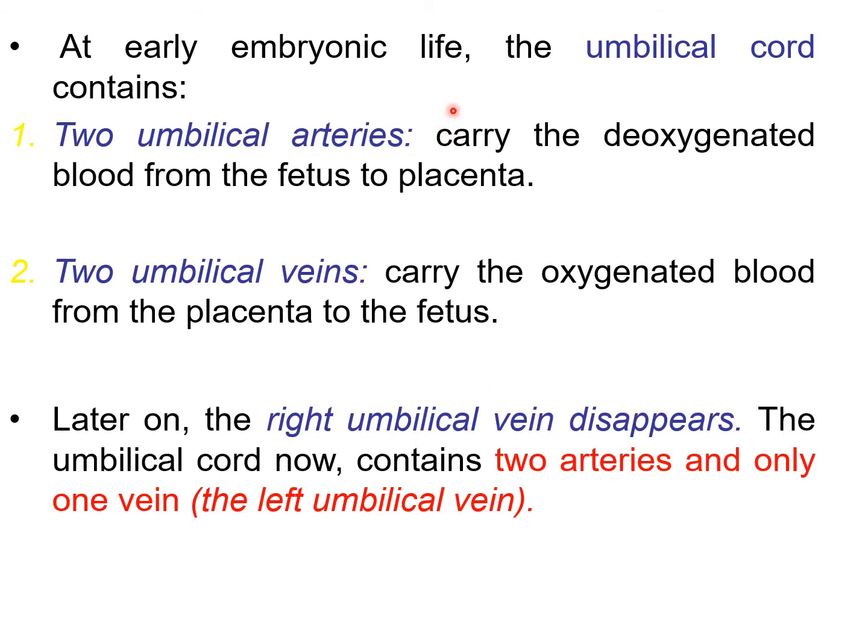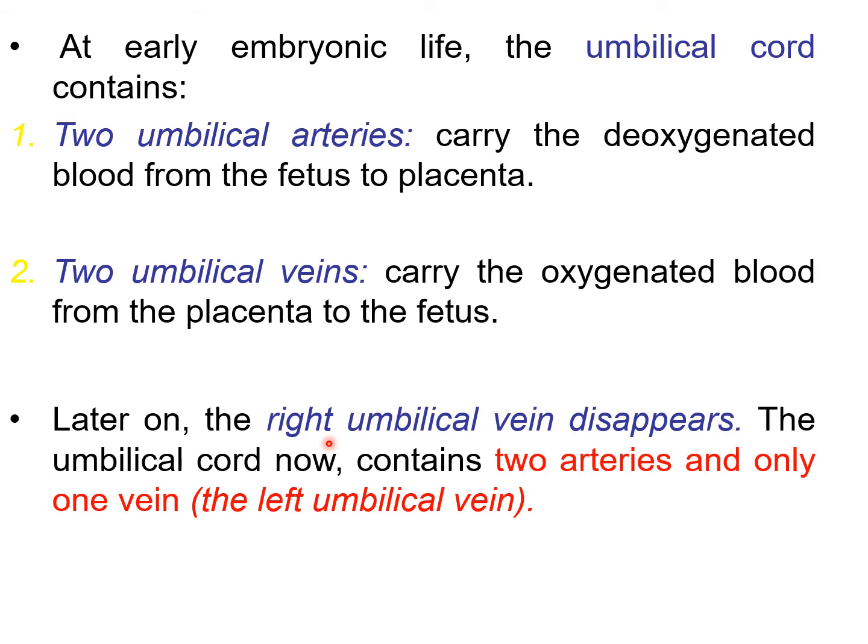At early embryonic life, the umbilical cord contains two umbilical arteries, which carry deoxygenated blood from the fetus's body to the placenta, and two umbilical veins, which carry oxygenated blood from the placenta to the fetus. Later on during development, the right umbilical vein disappears.